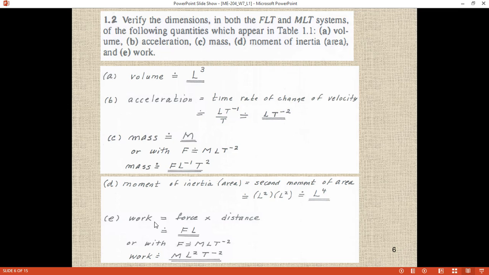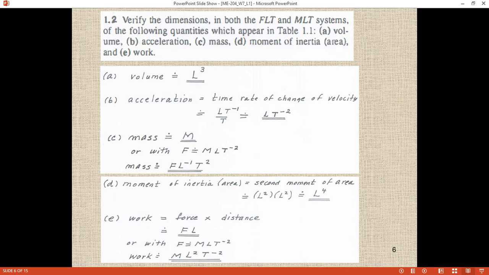So work, we know that it is force into displacement. In the FLT system, the work will be equal to FL, but the same work in MLT system, we know that work is equal to force into displacement.